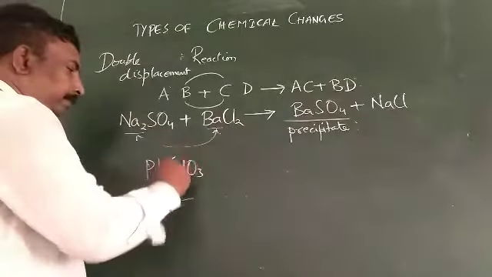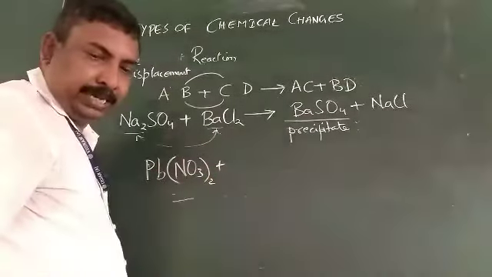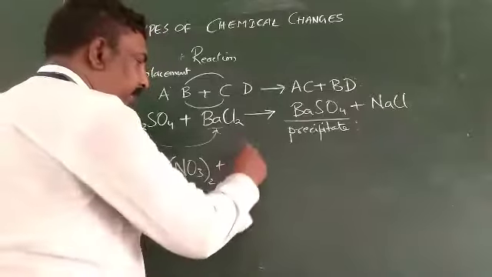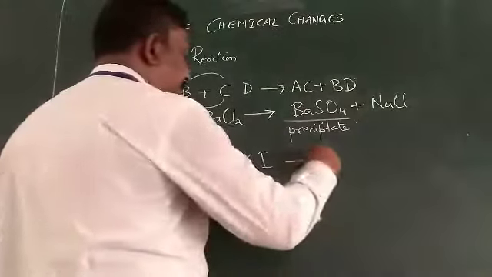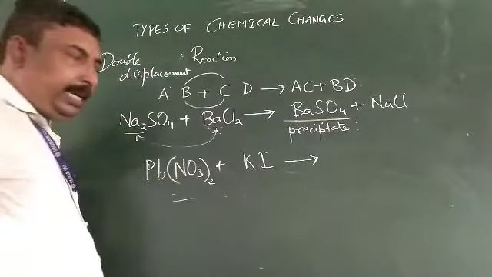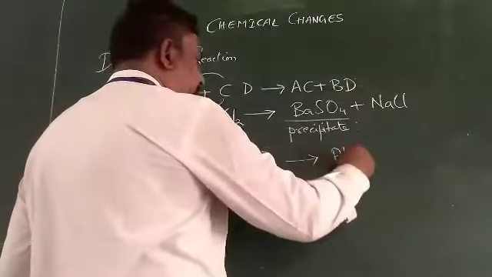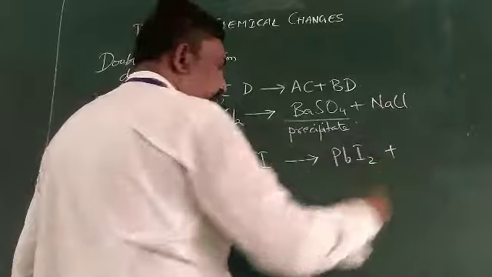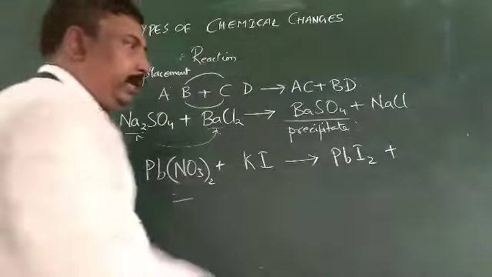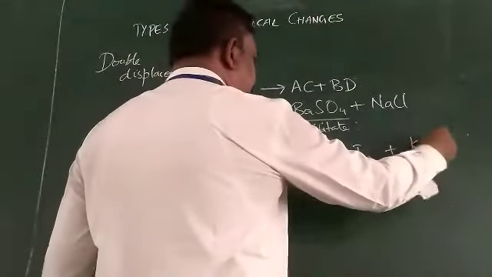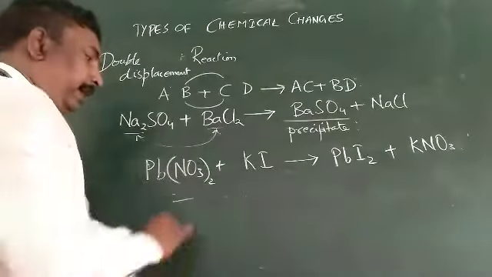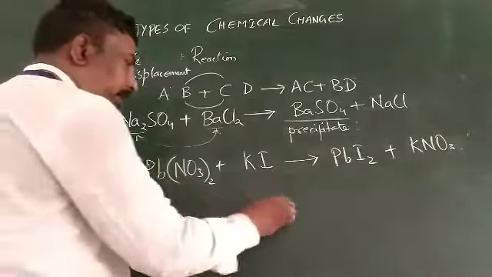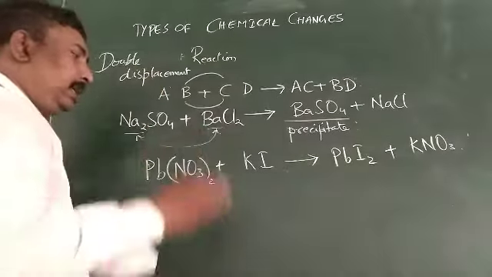Lead nitrate, when it is reacted with potassium iodide, I got lead iodide and potassium nitrate. So now I am writing simple equations, but sometimes I forget to balance some of the equations, but every time we need to balance the chemical reactions.